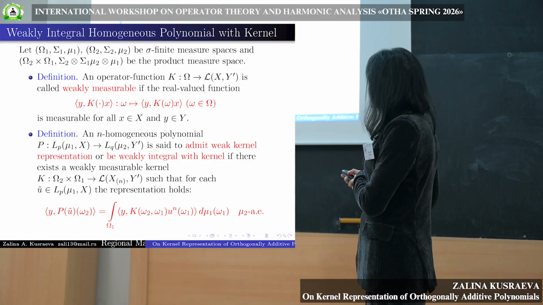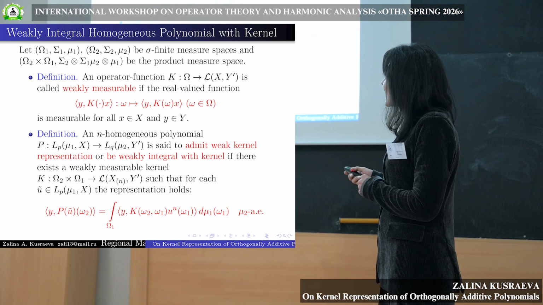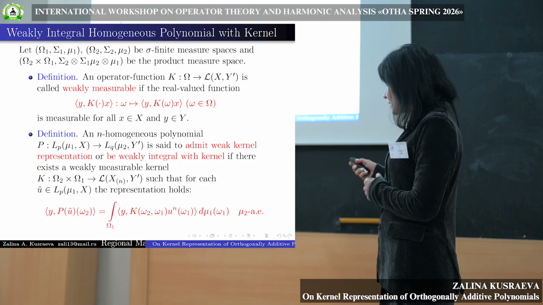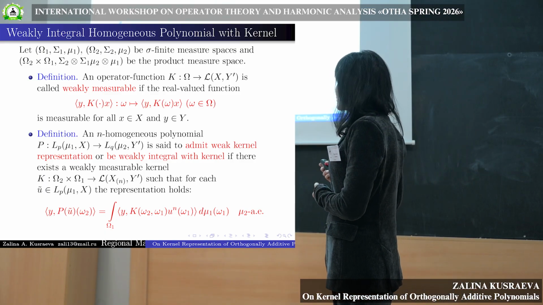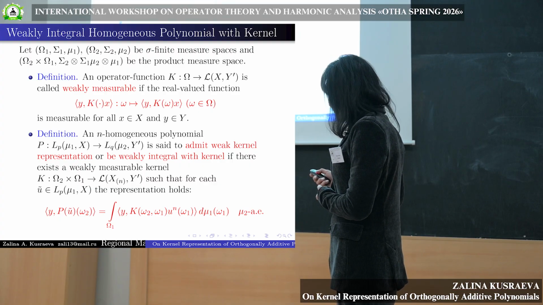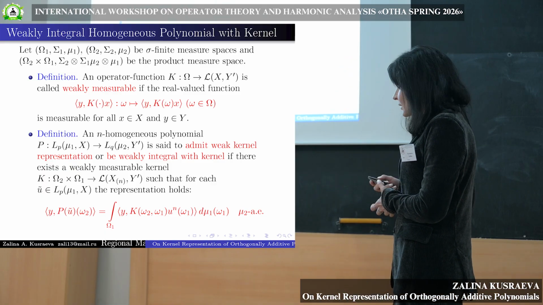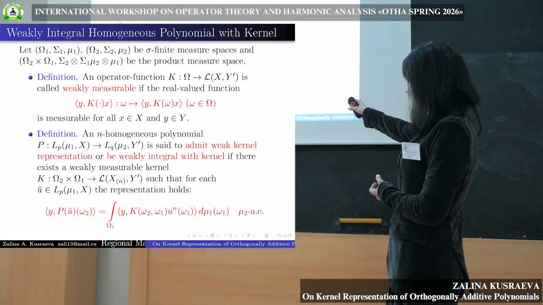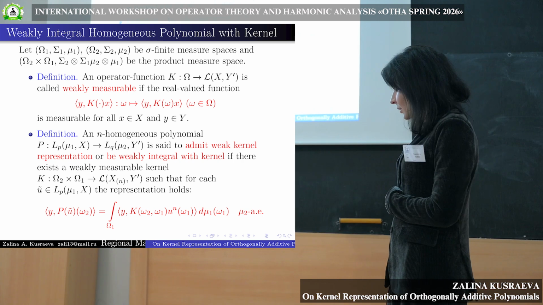We consider for now a polynomial which acts between L^p, L^q Bochner spaces, and we say that it admits weak kernel representation if there exists a measurable kernel K which acts here, such that this equality is fulfilled. Here you see the standard integral, not the Bochner integral, and this is the definition of a weak integral polynomial.